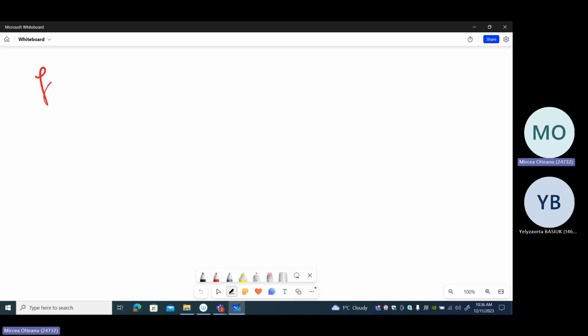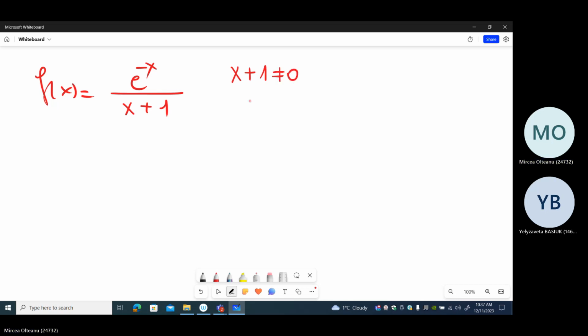For example, let's consider the function f of x equals e to the power minus x over x plus 1. This function is defined on what set? We must put the condition x plus 1 different from 0, so x is different from minus 1.